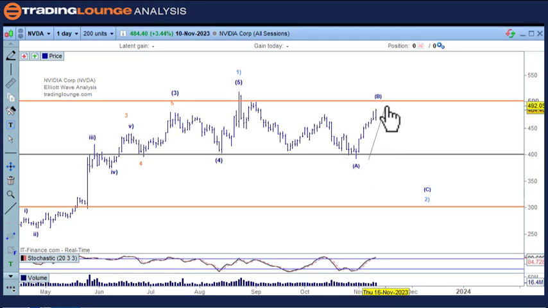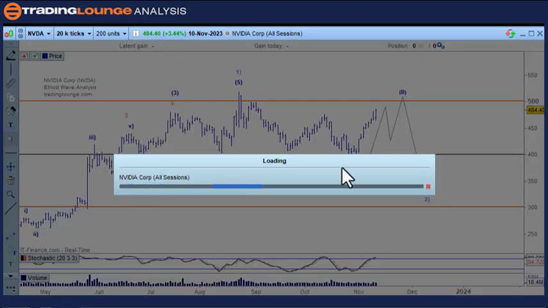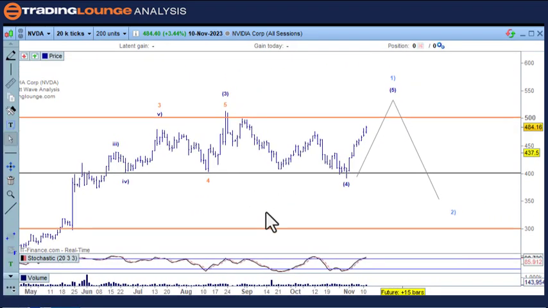So if we're going to get 5 here, it would be something like this, which is a bit of a stretch, because all the AI stocks are doing quite well, leading to the upside. So we'll probably go back to this count here, and we'll just see how it plays out.